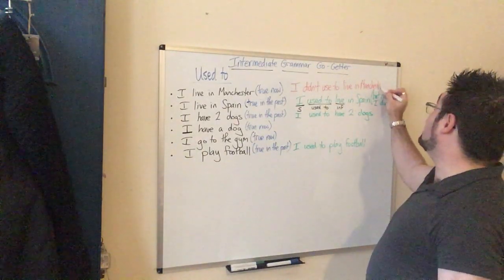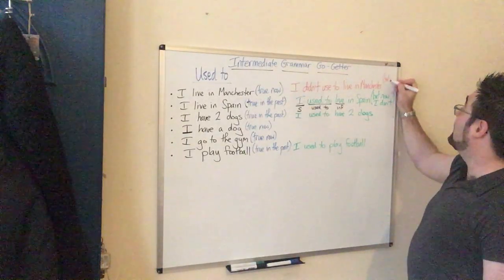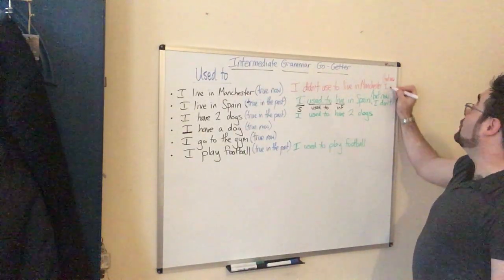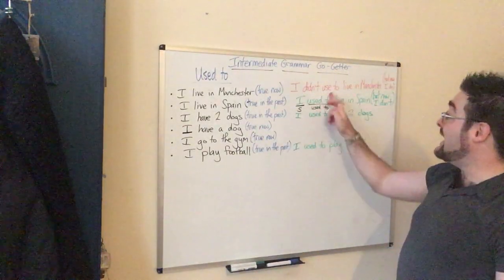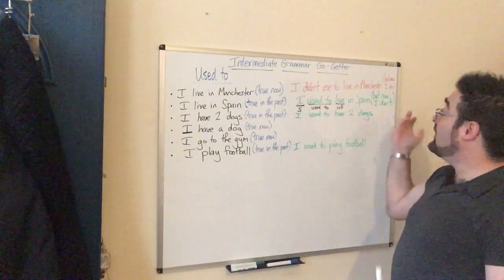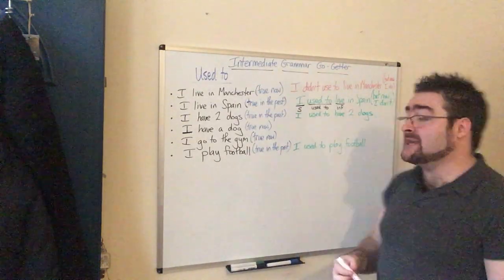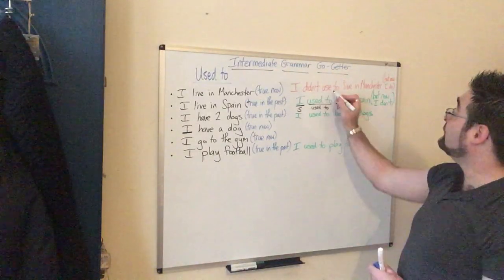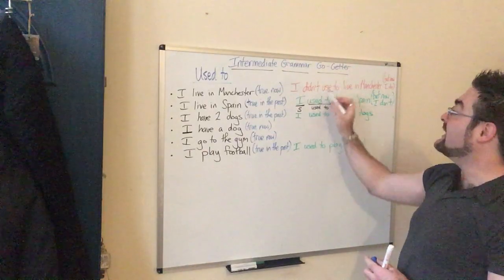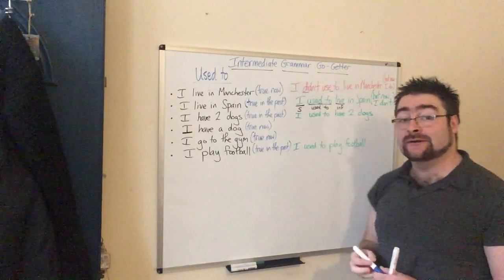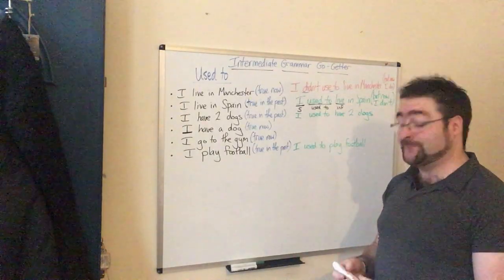And again, if you find it difficult, you can always add, but now I do. So again, you are comparing now with the past. Now, one other thing that you need to notice here is that there is no D in the negative because the past is here. I didn't used to live in Manchester.